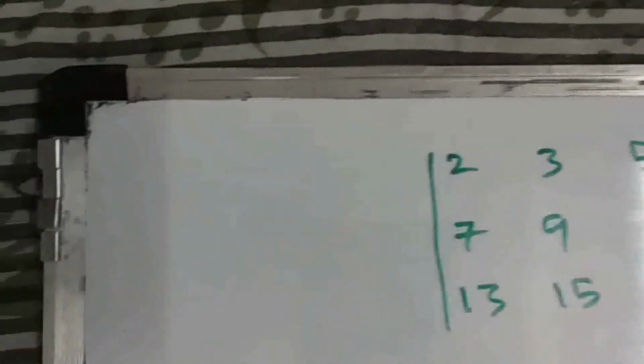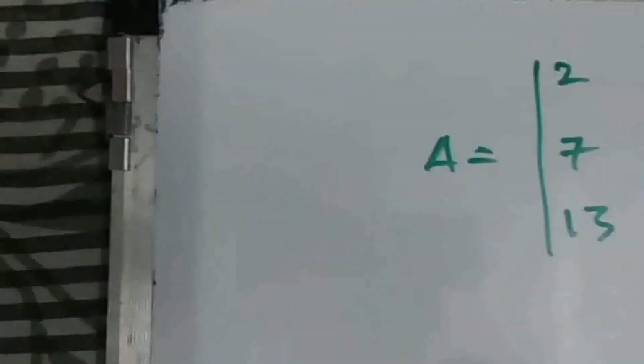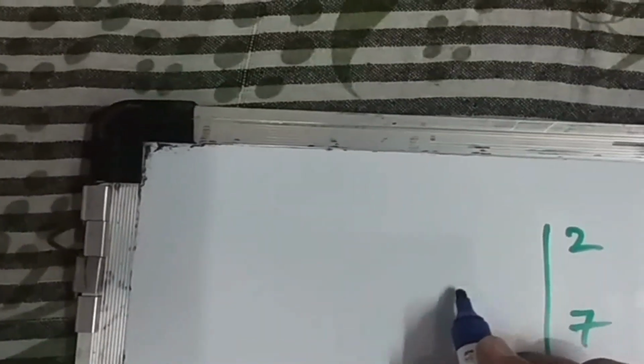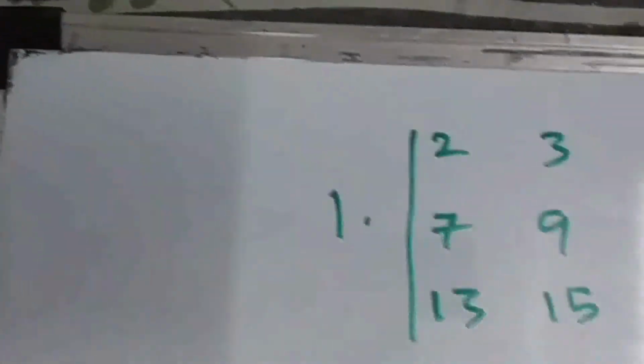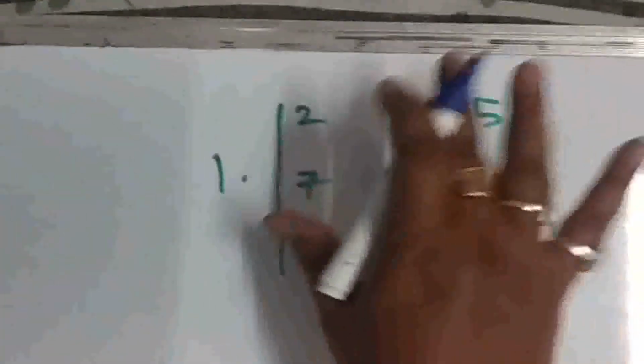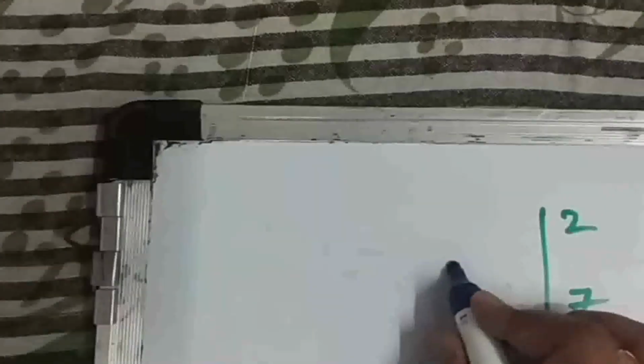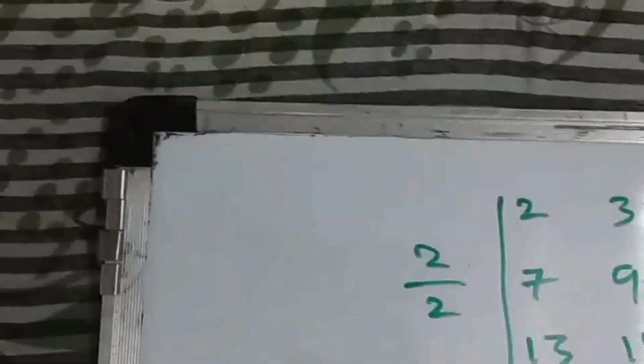Suppose the determinant was this. I want to multiply 2. So here you can write 1 into this, and in the place of 1 you can write 2 by 2. I am just changing the determinant.